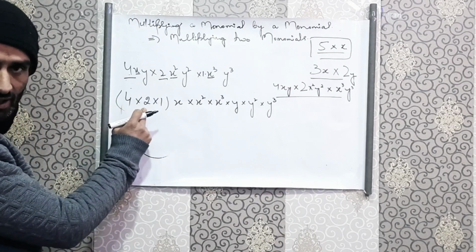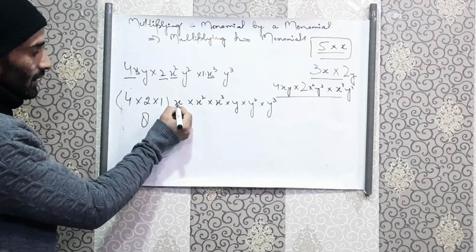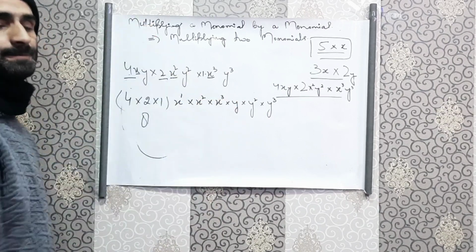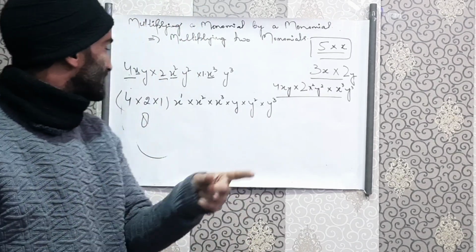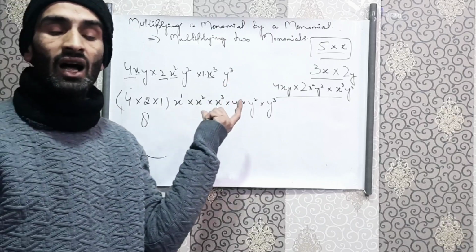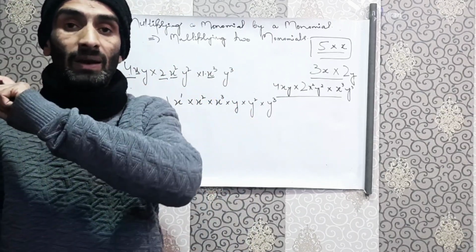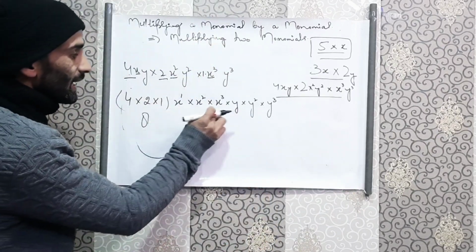Now what will we do? 4 2s are 8, 8 1s are 8. Just see, my dear, here x raised to power 2, x raised to power 3, and this is x raised to power 1. Already you have learned exponents in a previous chapter. There we learned the laws of exponents. The first law we have already learned: when bases are the same, powers are added. Here bases are the same, powers are added.